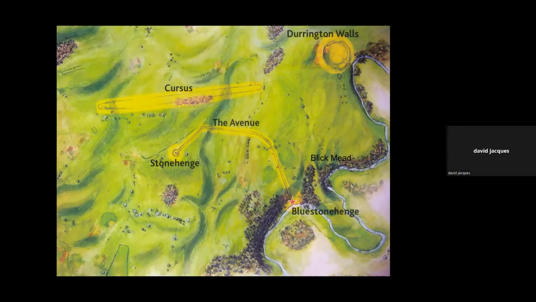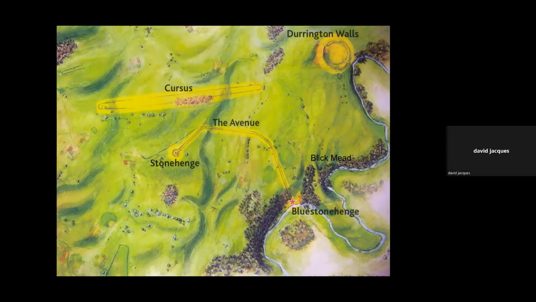Now, the point I'm making, everybody, is that we're not looking here at a landscape that was just full of Neolithic monuments that go up all at once in a short period of time.